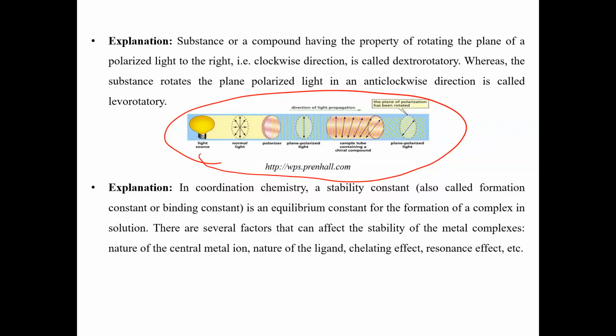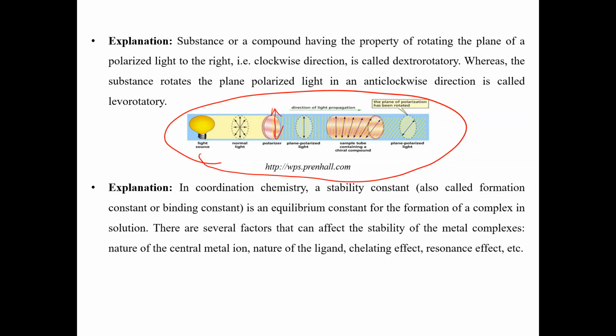If you have any light source, you will get normal light. The vibrations will be in all directions because it is electromagnetic. If you have a polarizer, it will filter out those vibrations which are not parallel to the polarizer.